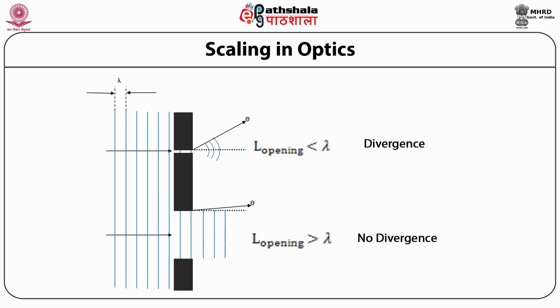If the light of wavelength lambda shines upon an object with a characteristic dimension L, the reflected wave diverges at an angle theta approximately equal to lambda by L. This is also the case if light passes through an opening with characteristic dimension L as shown in this figure.